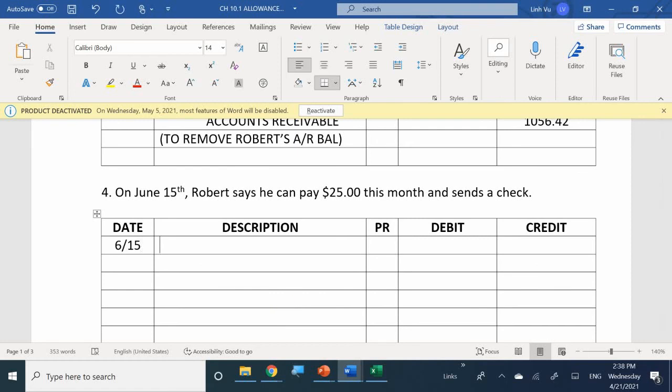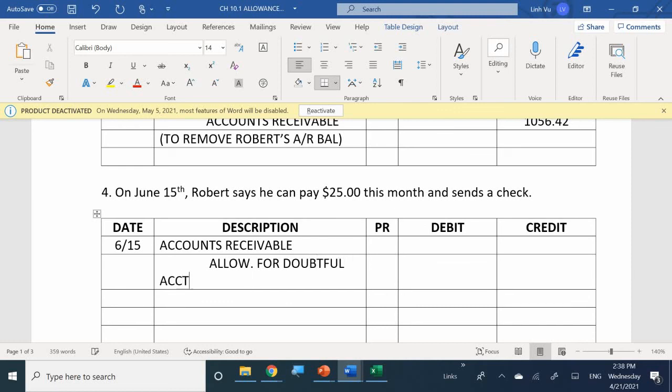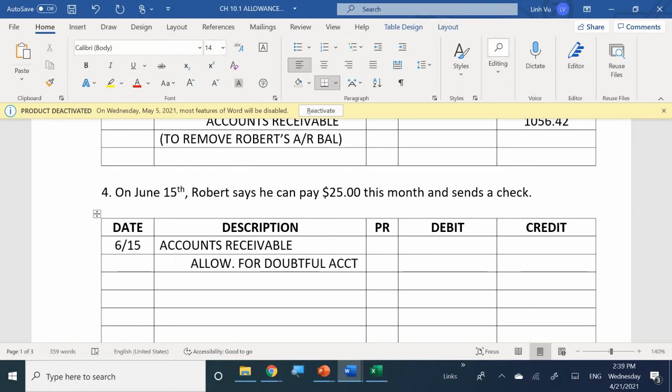Here we have to first recognize that we have to put it back into the accounts receivable. So we're going to put the money back into the allowance account, into the accounts receivable, right? To make it active again.